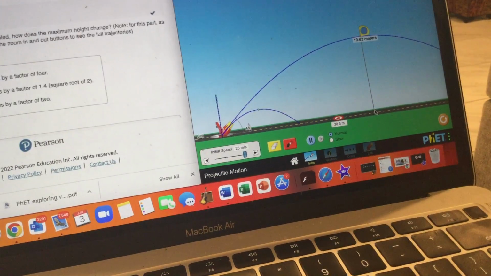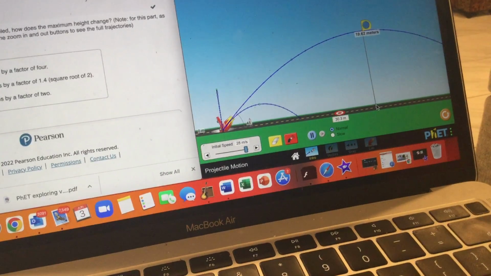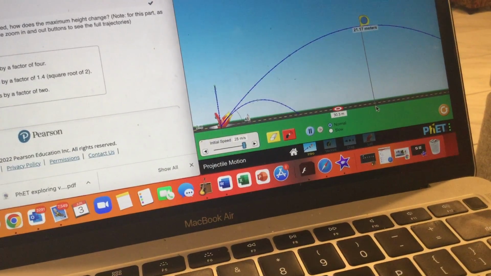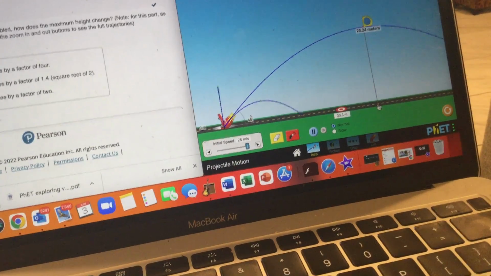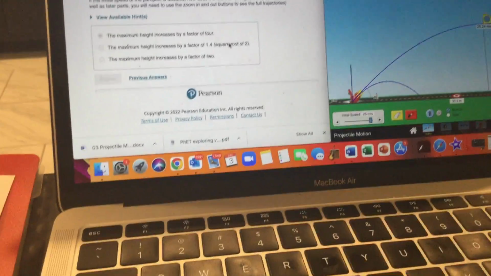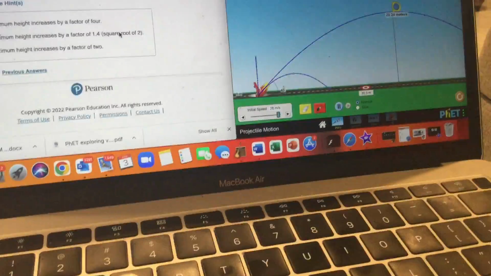We'll do the maximum height. Okay, so it is around 20. So 5 to 20 is 4 times greater. So we can see by the simulation that the maximum height increases by a factor of 4 when you double the speed, as we just did. We doubled it from 14 meters per second to 28. So that's done with part C.